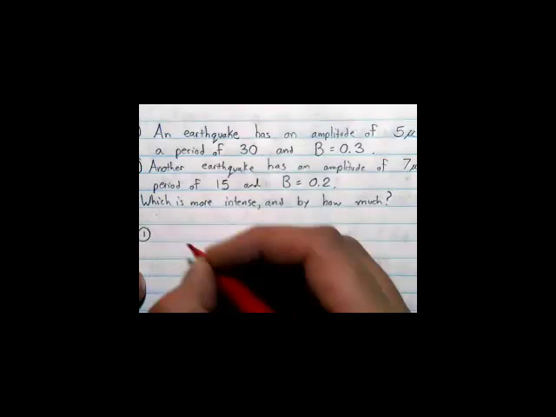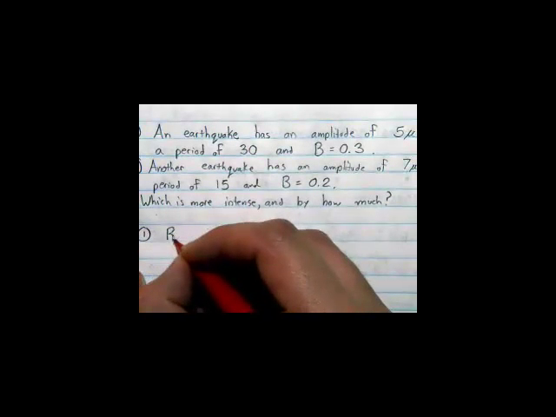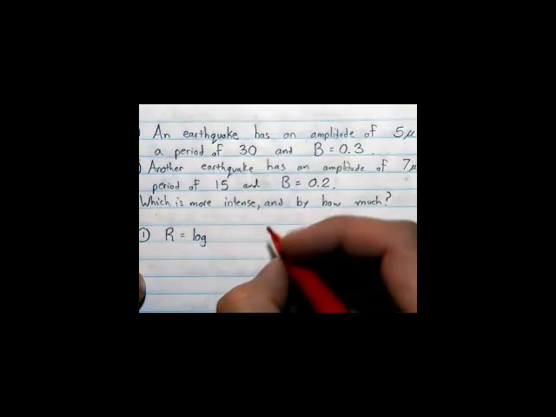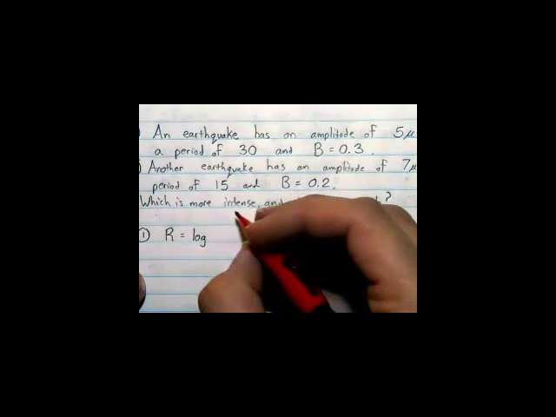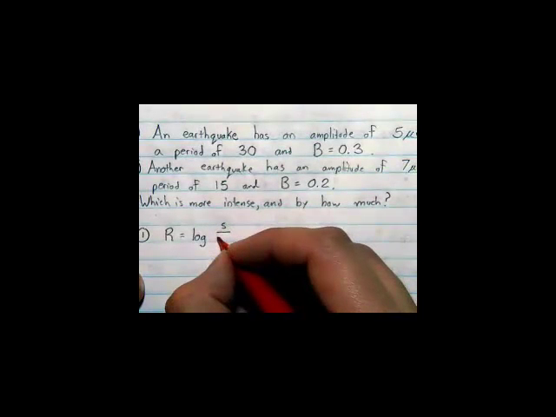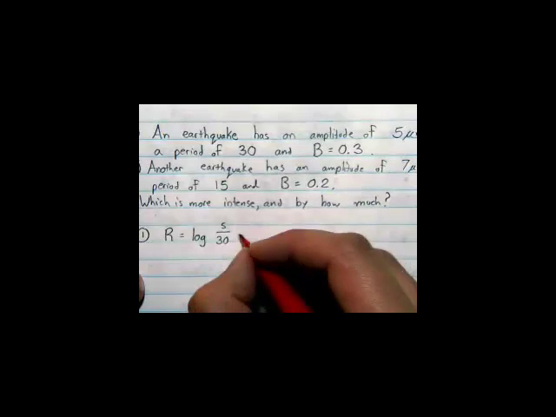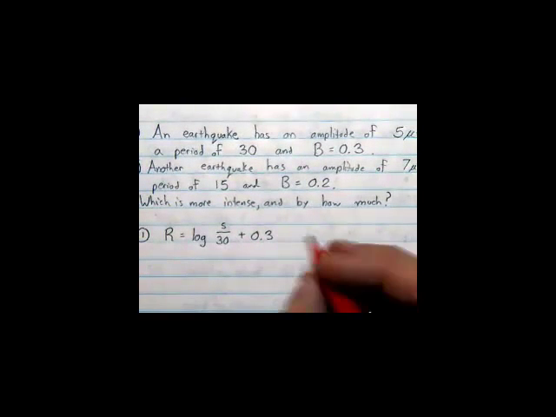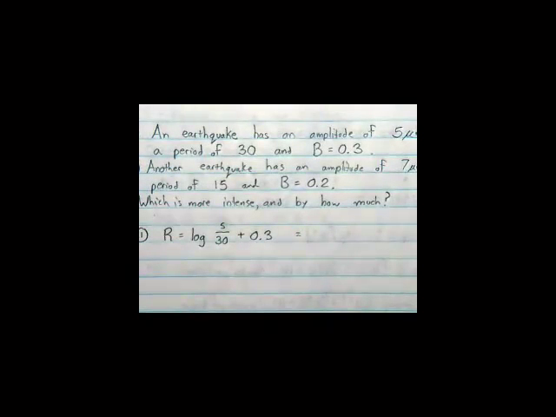All right, so earthquake number 1, the Richter scale value for this one is going to be the log of A, which was 5, over T, which was 30, plus 0.3. All right, so let's see what we get from that.